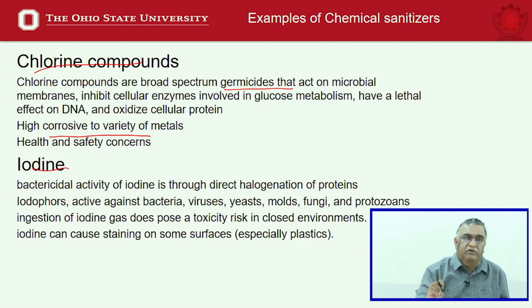That means you have to replace it, so it becomes a concern. Another concern is potential health and safety issues, because if some of the chlorine residue gets into the food, that can be a concern too.